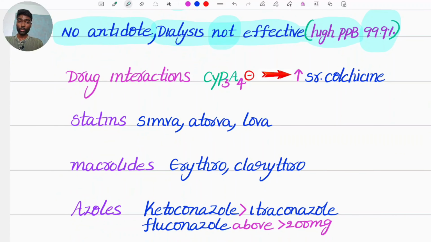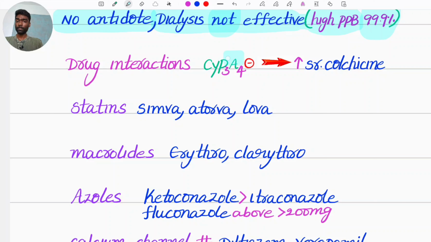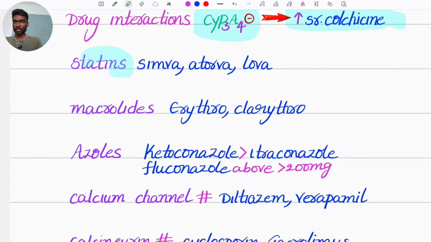I told you to remember the enzyme CYP3A4. Whatever drug inhibits this enzyme will lead to increased serum colchicine levels. What are those drugs? Statins: simvastatin, atorvastatin, lovastatin; macrolides like erythromycin, clarithromycin; azoles: ketoconazole, itraconazole, and fluconazole only if prescribed above 200 mg dosage.